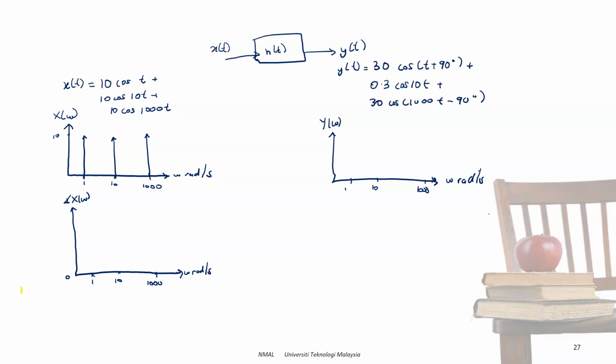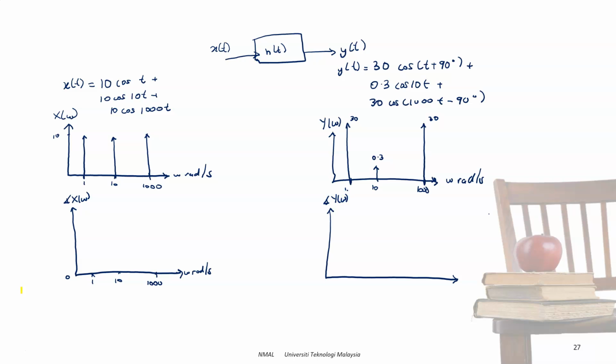For 1, we have 30, so it will be higher, which is 30. And for 10, we have 0.3, lower. And another one for 1000, we have 30 as well. Okay, for the amplitude. And for the phase, here we plot another one, which is the phase of Y omega.